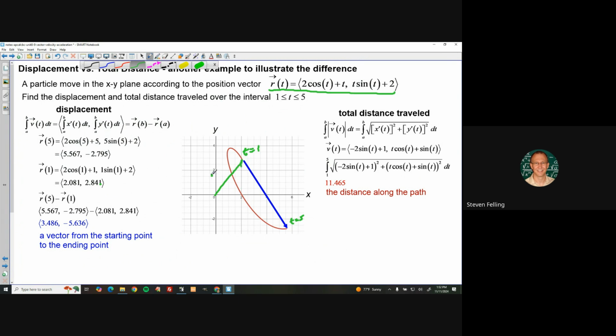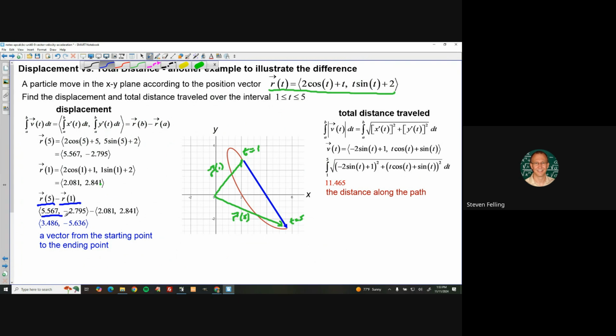This is the vector R1, just to be clear. And if you plug in 5 into the position vector, you get 5.567, negative 2.7. That's this vector, right? So this is R5. And the displacement is simply the vector R5 minus R1.